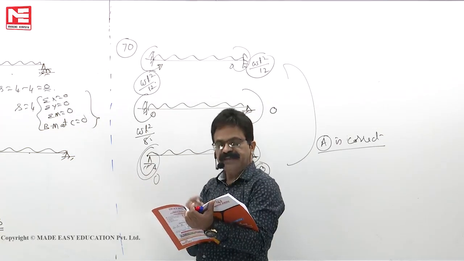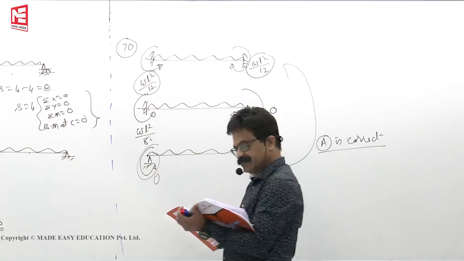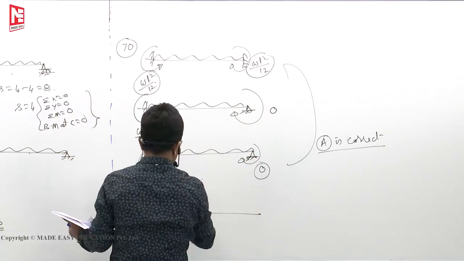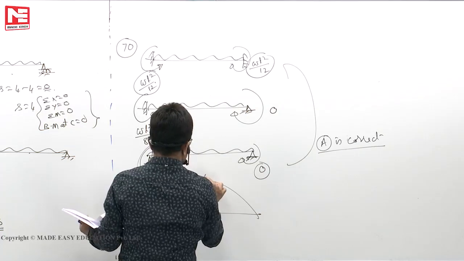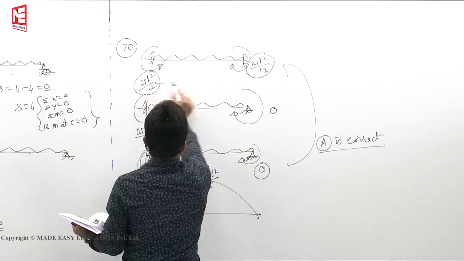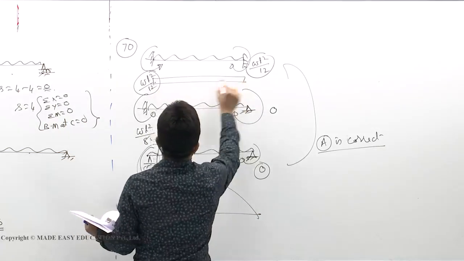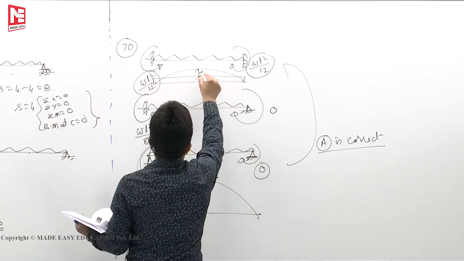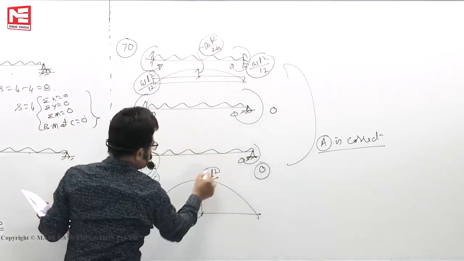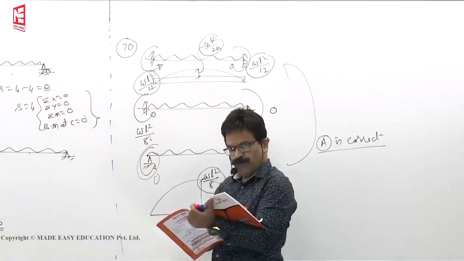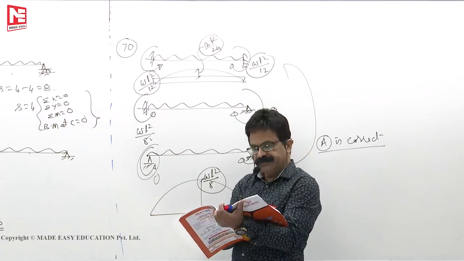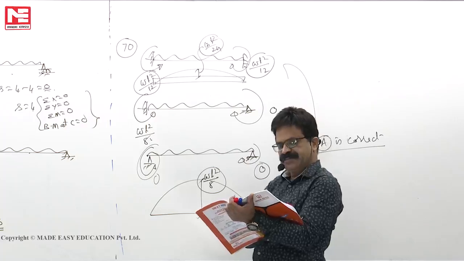Maximum sagging moment at midspan increases. That is also correct. In this case, you see maximum midspan moment is WL square by 8, whereas in the fixed case you got WL square by 24. So sagging moment will increase. So both statements are correct.